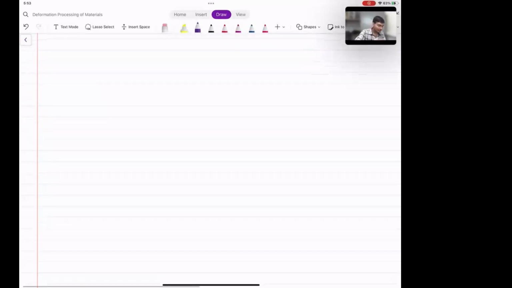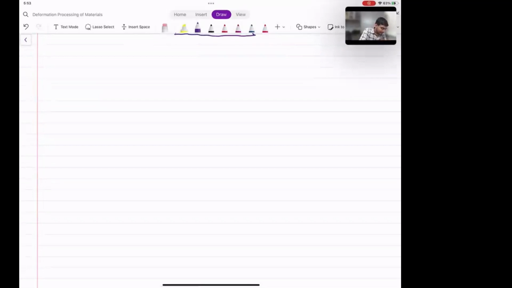So the velocity of extruded product, let us say this is Vp, can be written as R multiplied by the ram velocity.